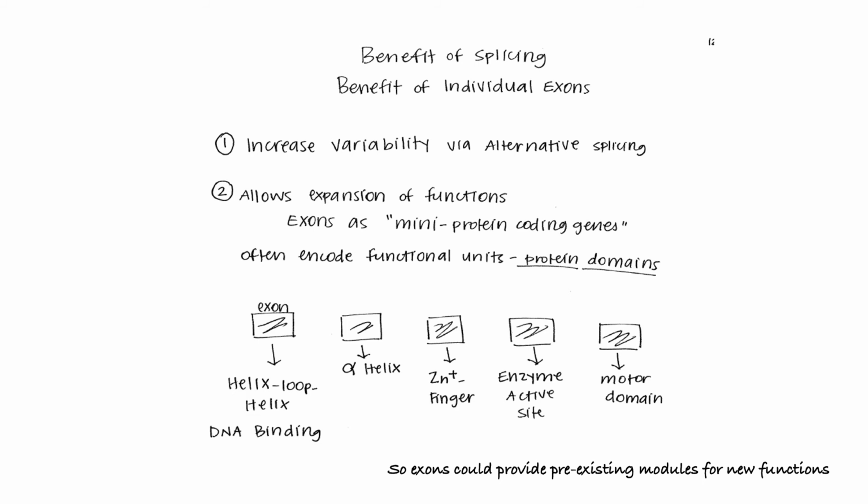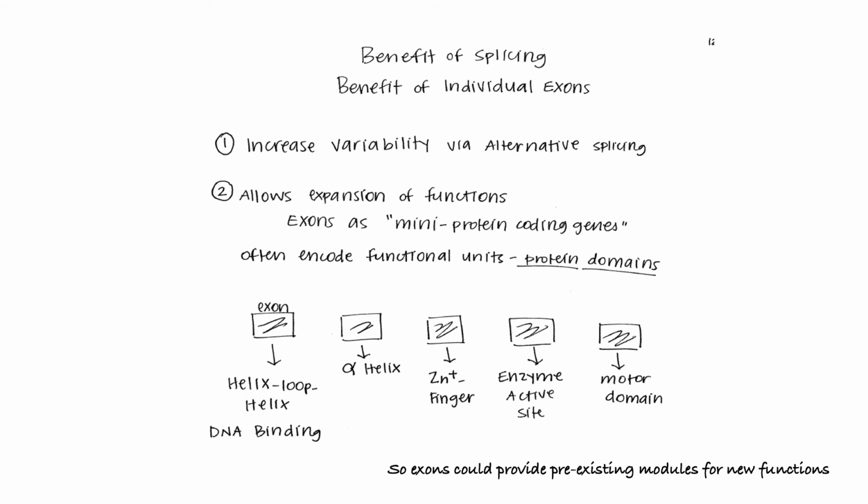So if you look at the coding sequence of exons, they can code small portions of a protein. And as it turns out, they often encode some functional units or protein domains. We talked about protein domains earlier.